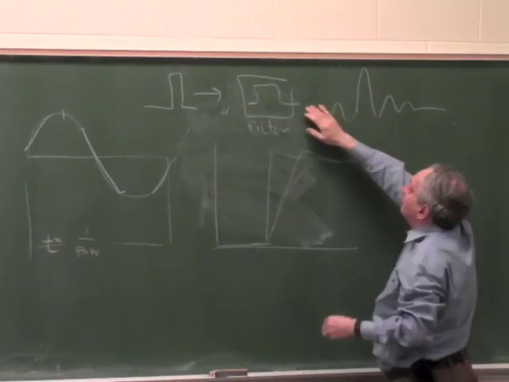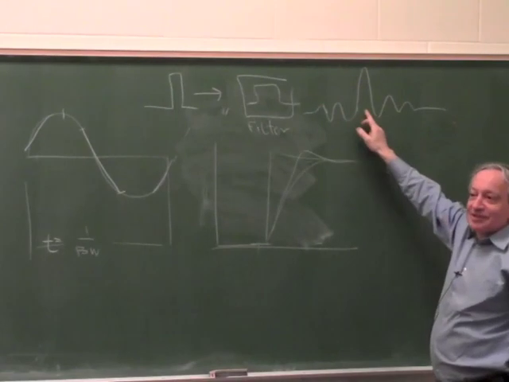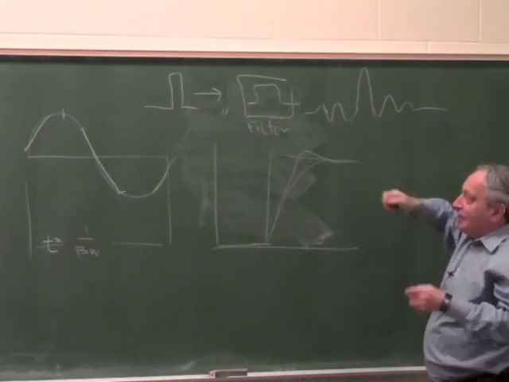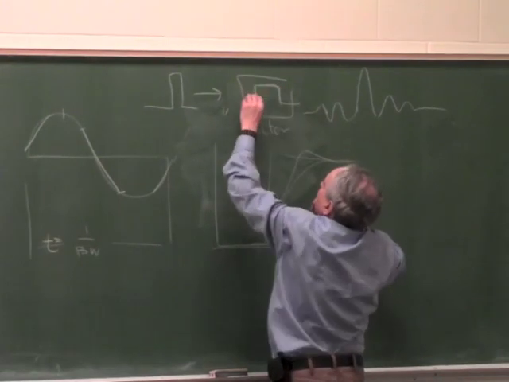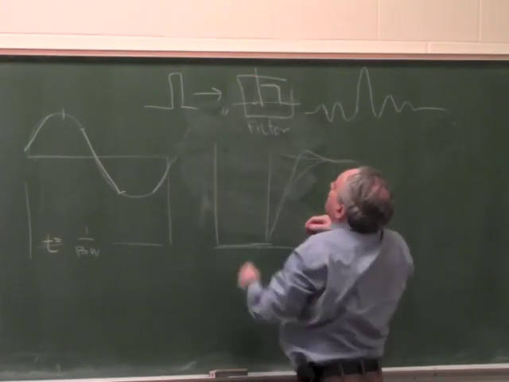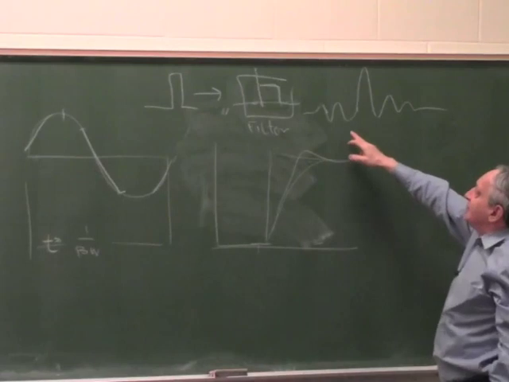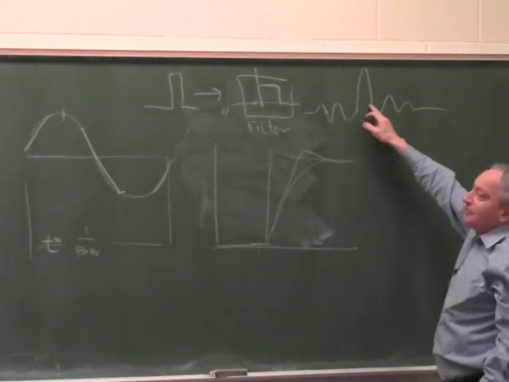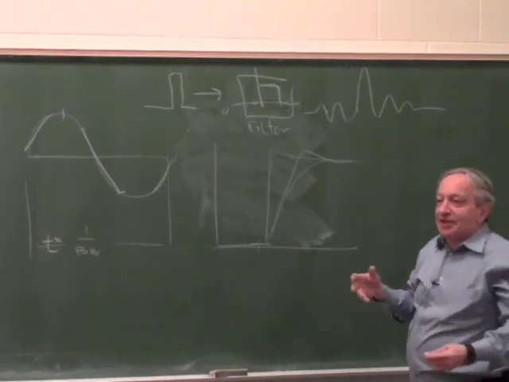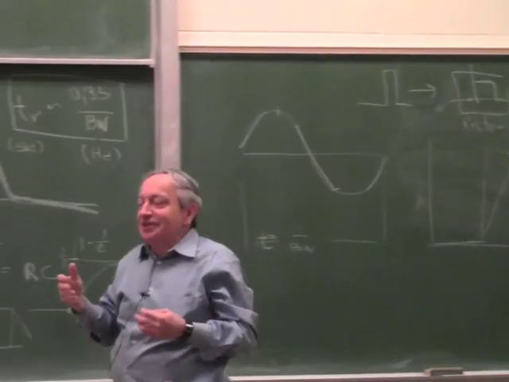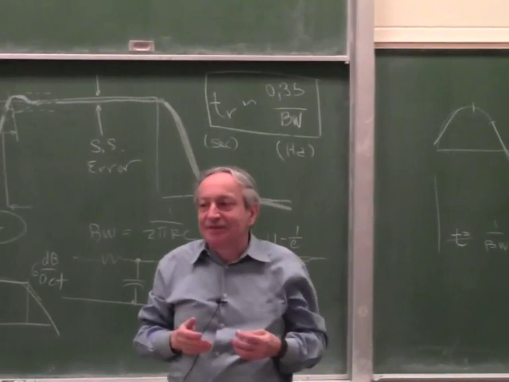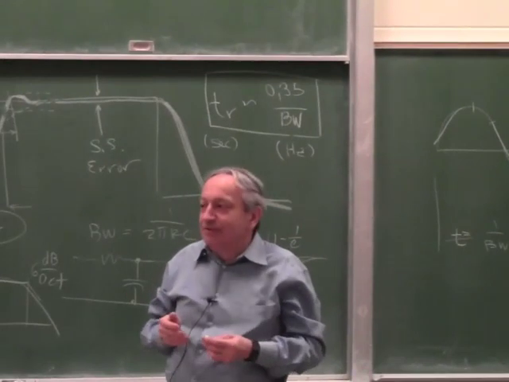How does it know to start ringing before the pulse started? If you take a scope and you send a pulse through such a filter, a steep filter, or a filter like this even, it will come out looking like this. It will start ringing before the main pulse. So it looks like it could see the future. It could see a pulse coming. So how can it be that it starts ringing before the pulse? And we spent an hour on that too.